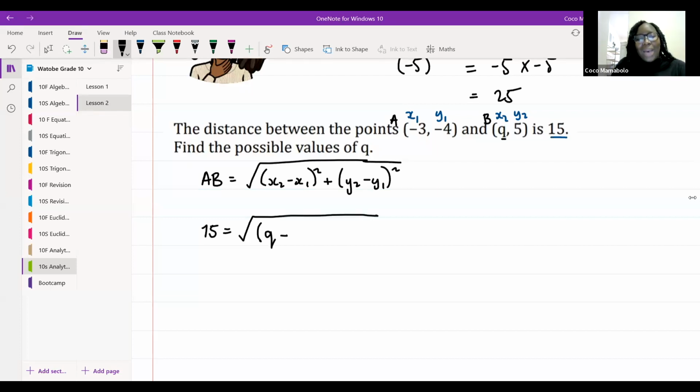So Q minus -3, close brackets, squared, plus, open brackets, 5, which is my y2 value, 5 minus -4, close brackets, squared.